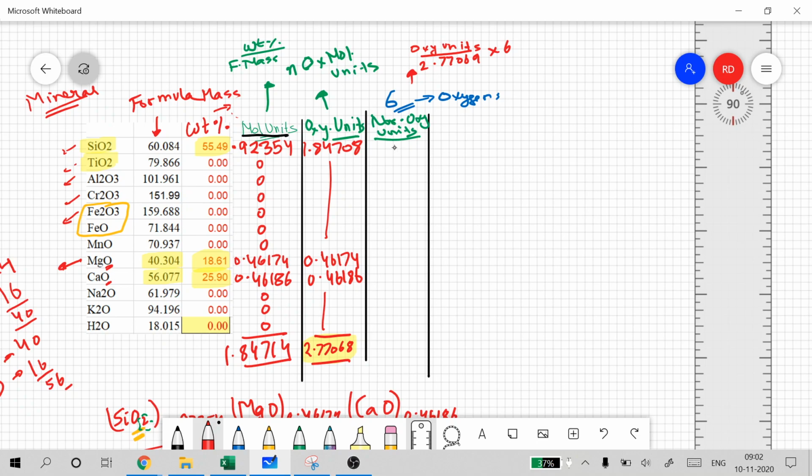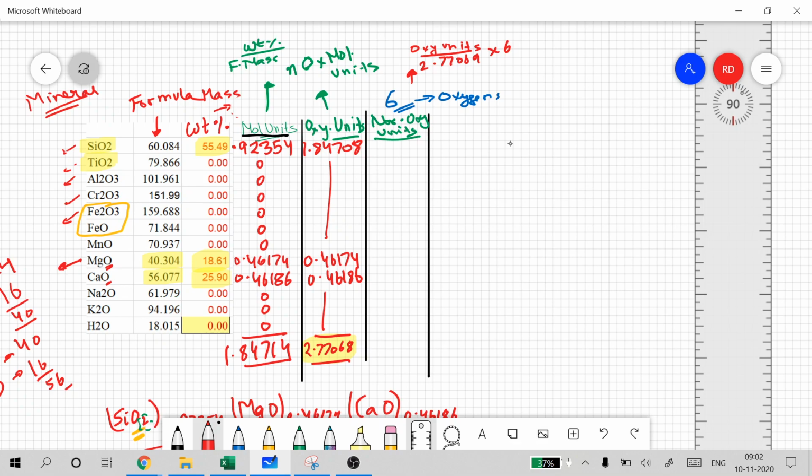So what should be the answer for the first one? It should be 4. Why 4? It was 1.847 divided by 2.77 into 6. Calculate.